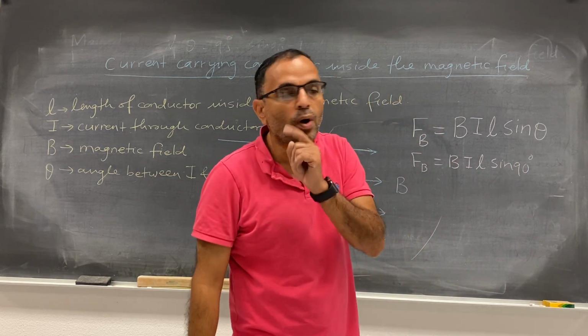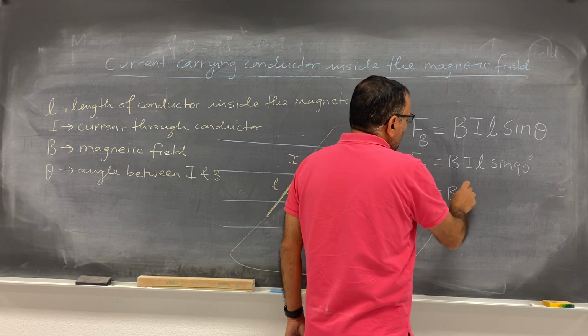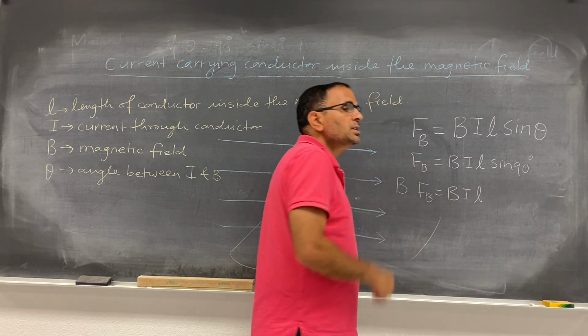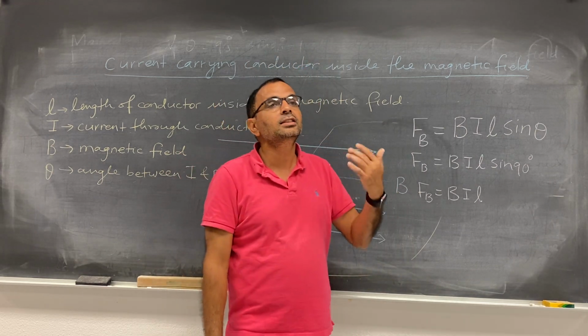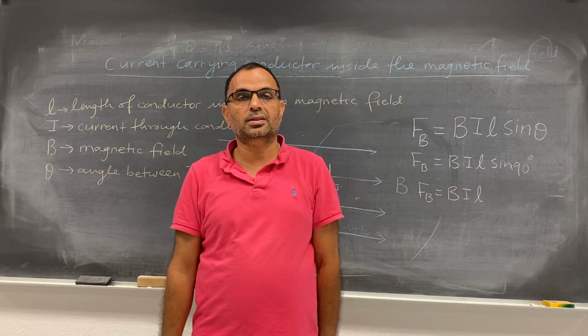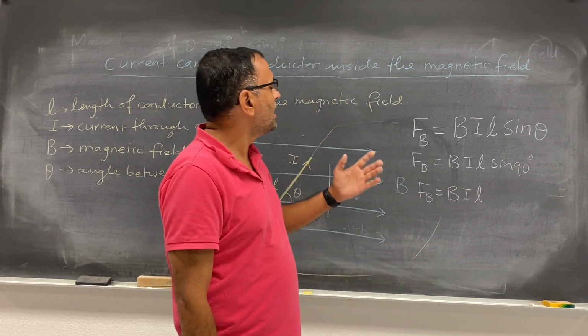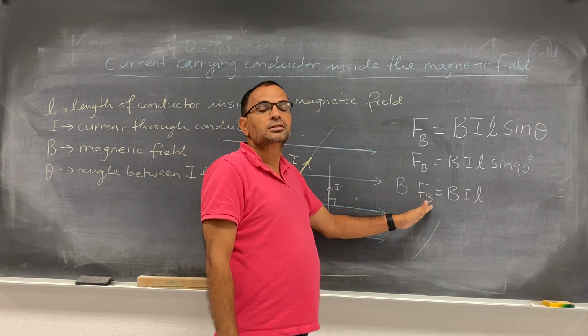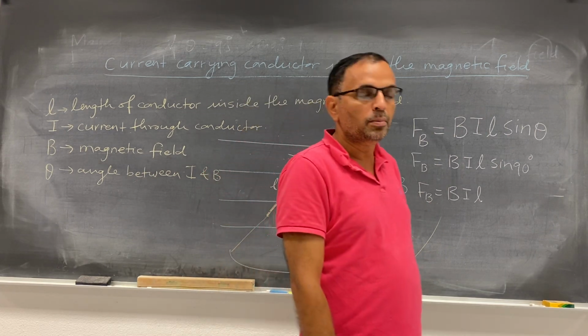Sine 90 degrees is 1. So in this case you get F_B equal to B I L. This is the maximum force experienced by the conductor. So if the conductor is perpendicular to the magnetic field, in that case the conductor experiences the maximum force.